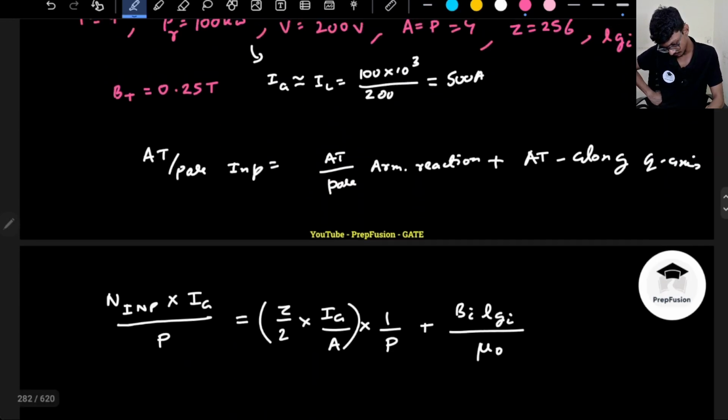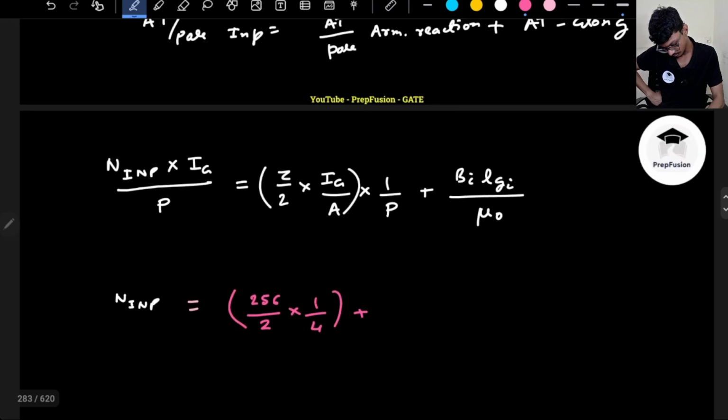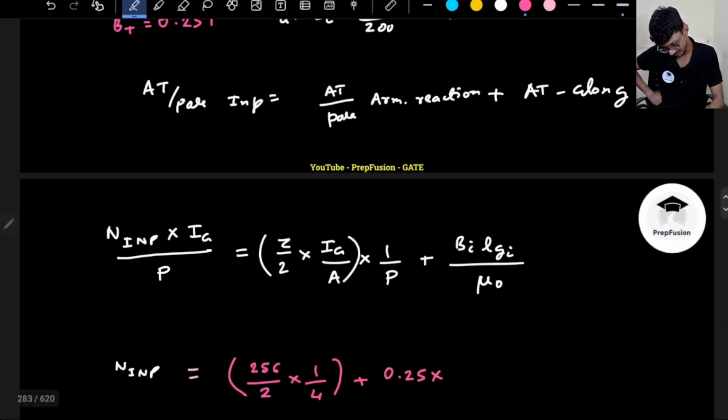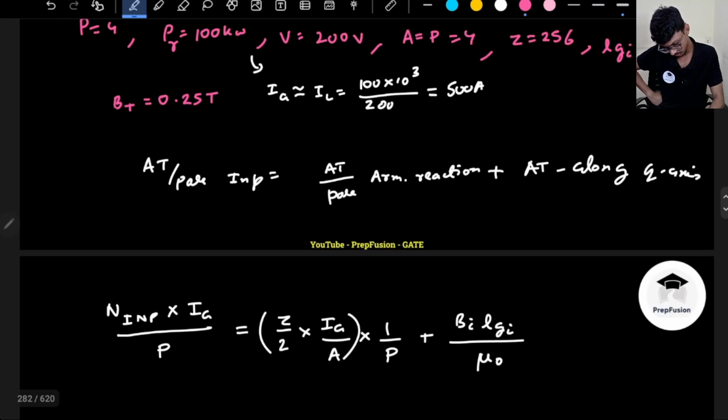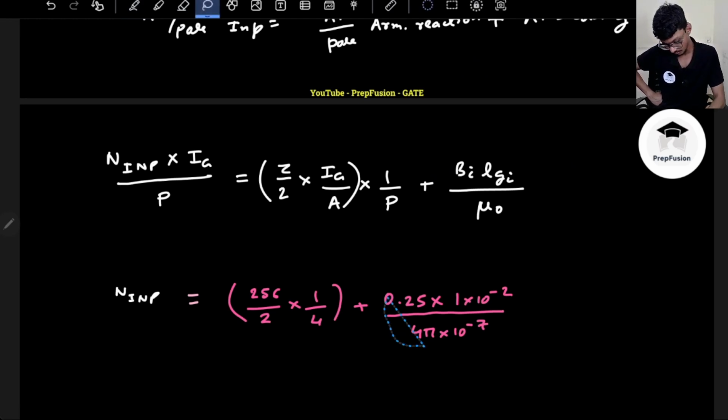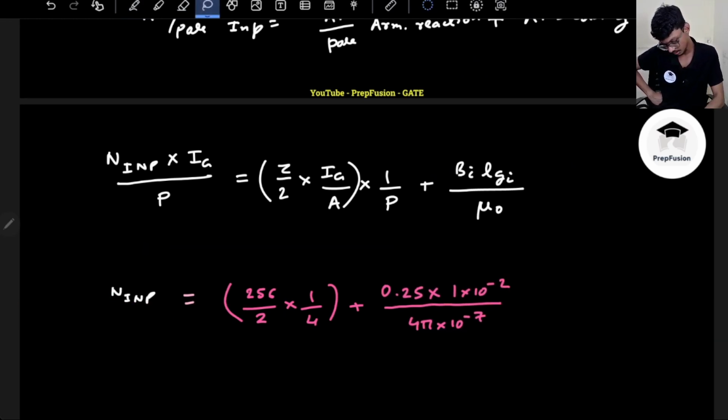Plus Bi, flux density is 0.25. This will be 0.25 into LGI, LGI is 1 centimeter, divided by mu naught, 4 pi into 10 raised to power minus 7. Of course there is this number of poles, 4, divided by the overall current, that is 500.